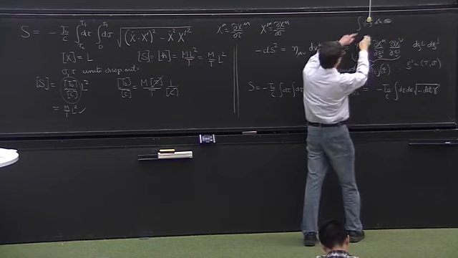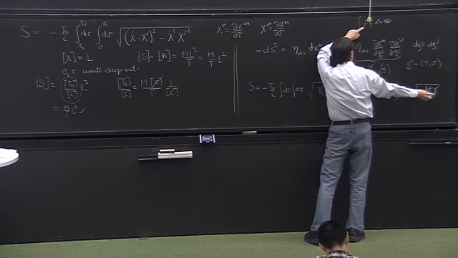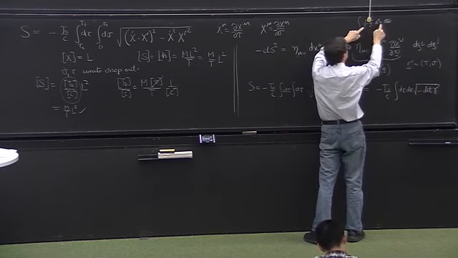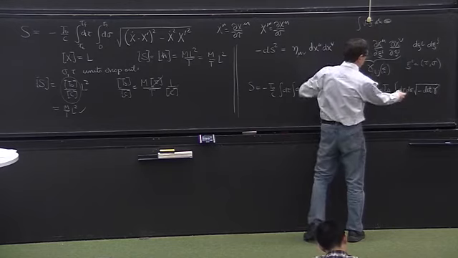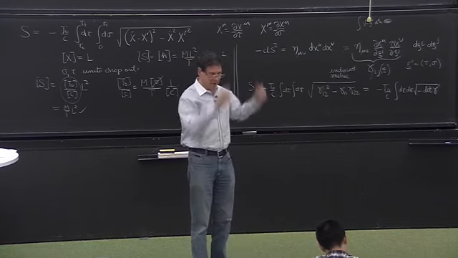Here you just have the square root of the metric, the relevant metric, the metric induced on the surface that the string is moving on, and the differentials. So it's an area, but it's a space-time area.